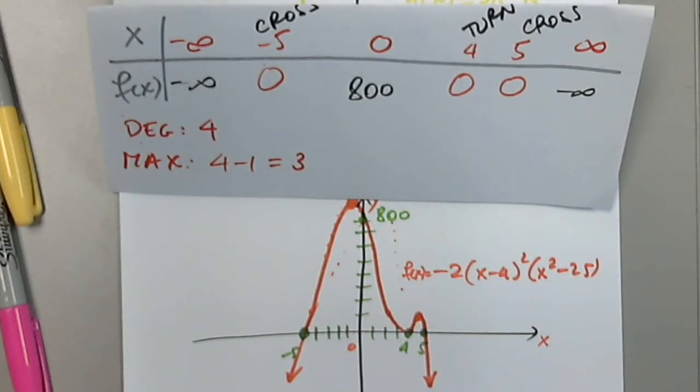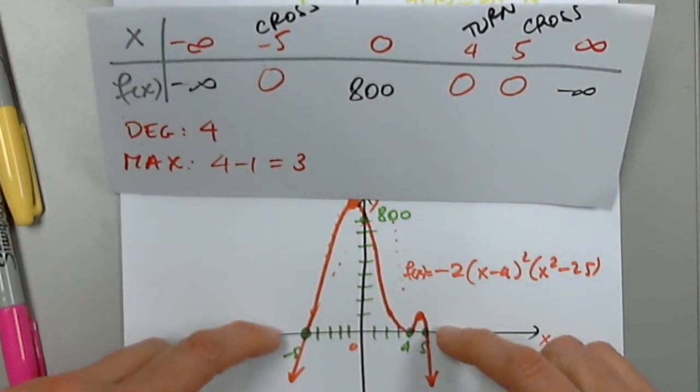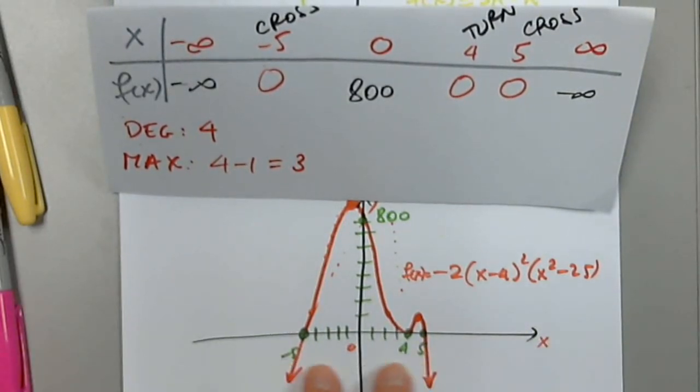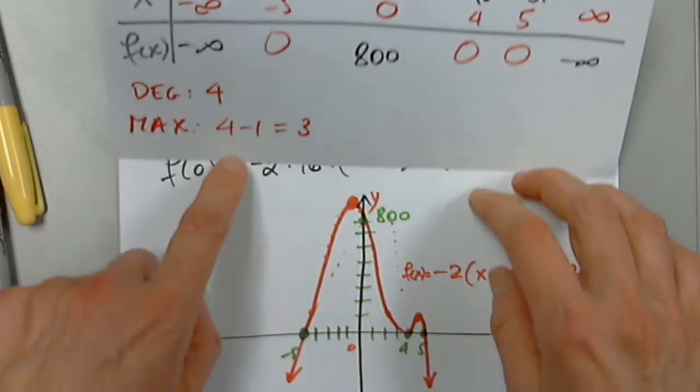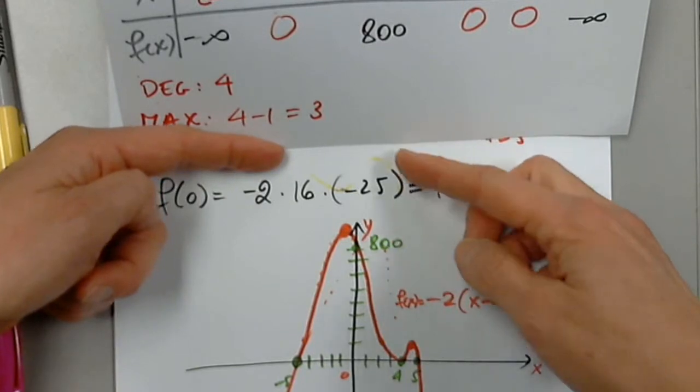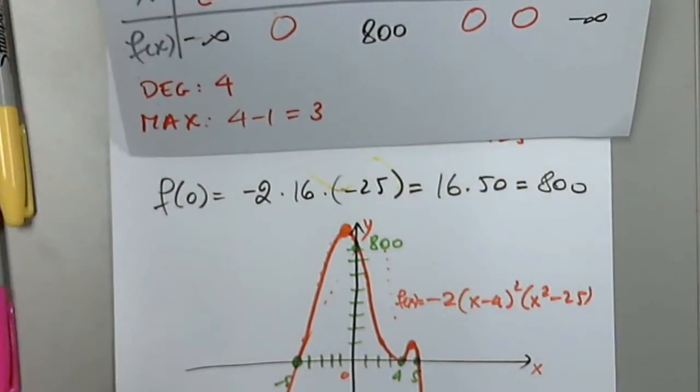I know the viewing window has to be adjusted because the y-intercept is at 800. I don't really care about the negative part of the y-axis. There is not a lot of action there. I know the graph. There is no need to go any further than -5 here. But there is absolute need to go above 800 here, maybe even 1,000, maybe 1,200. So we'll see in a second. We can adjust it later.